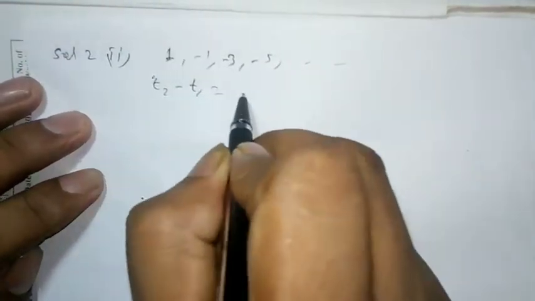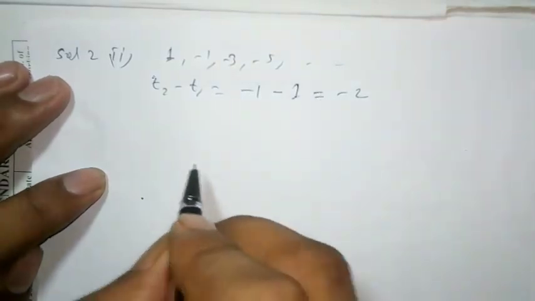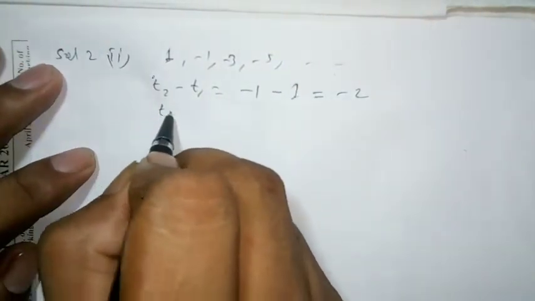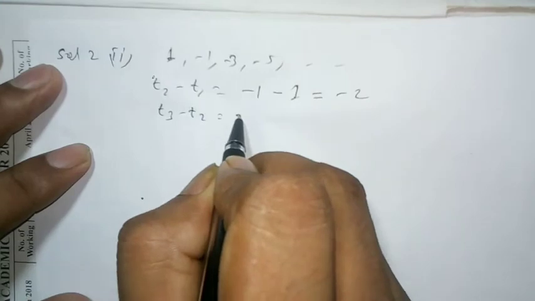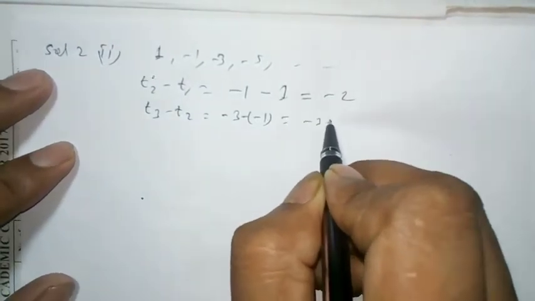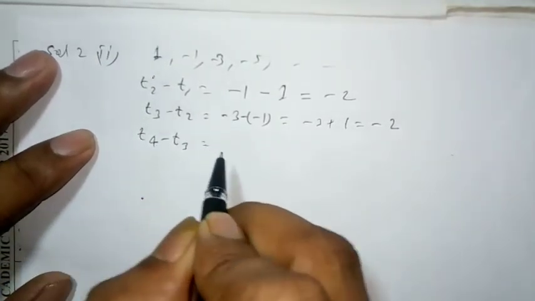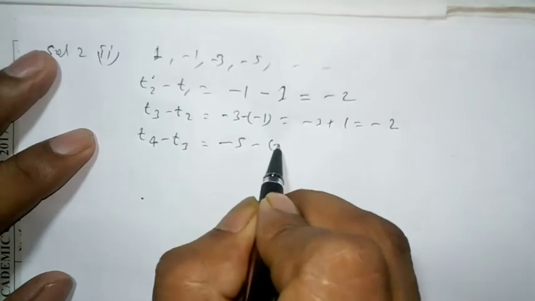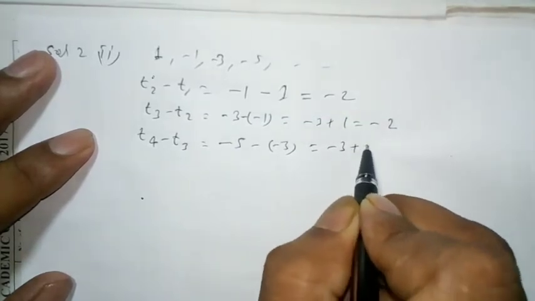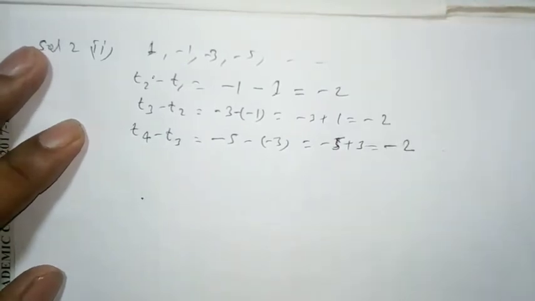T2 minus T1 is equal to minus 1 minus 1 is equal to minus 2. T3 minus T2 is equal to minus 3 minus 1, minus 3 plus 1 is equal to minus 2. T4 minus T3 is equal to minus 5 minus 3 is equal to minus 5 plus 3 is equal to minus 2.